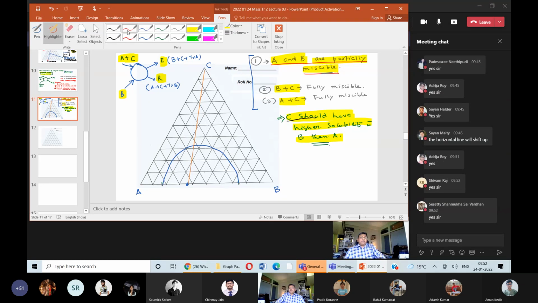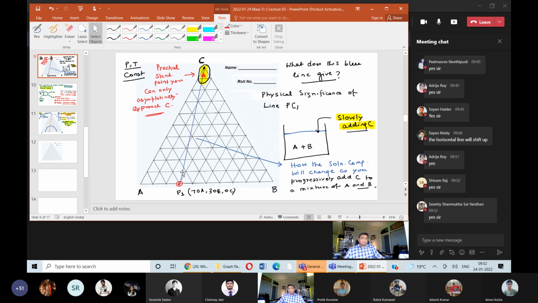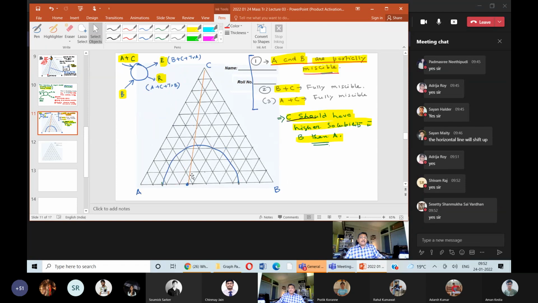Okay. So now you see that instead of the previous example where everything was miscible, so therefore you added C and nothing happened, here you are adding C to a composition which is initially immiscible. So this point is now only a physical point. It's a point on the graph paper. Actually, it does not exist.